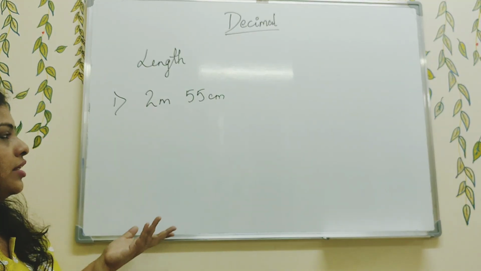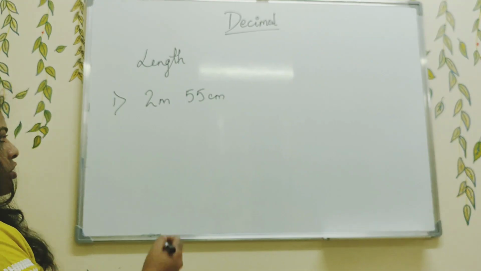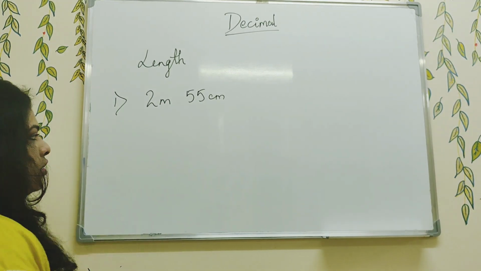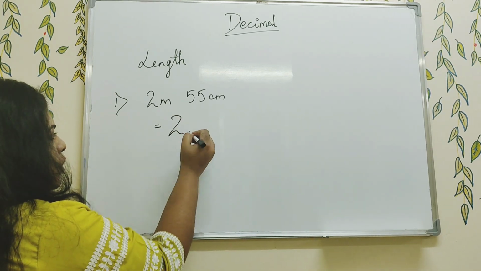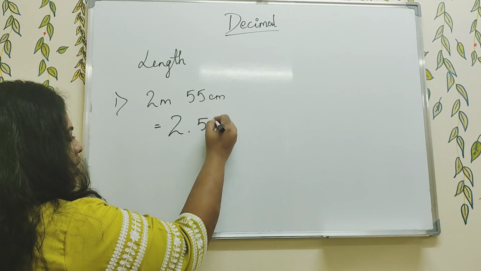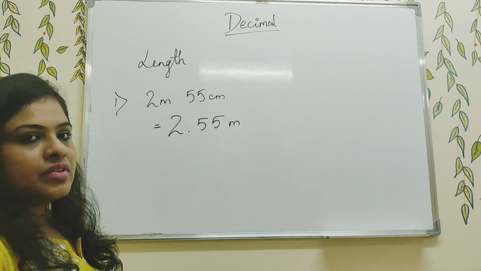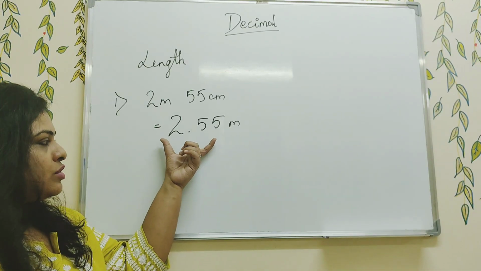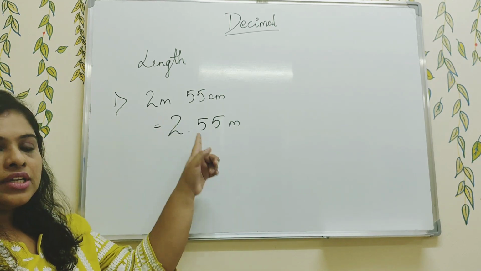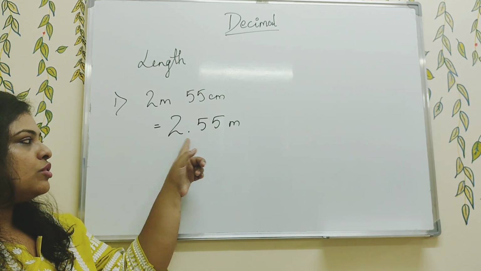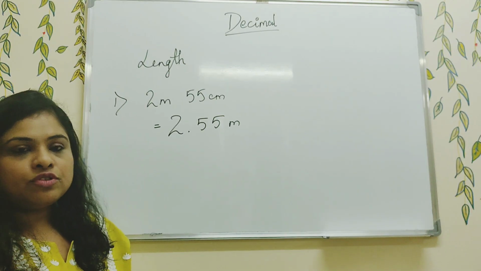How do you represent this using a decimal? So 2 meters goes before the point, and it is represented as 2.55 meters. So when you write using a decimal number, we only represent the unit which is before the decimal point, the meter.